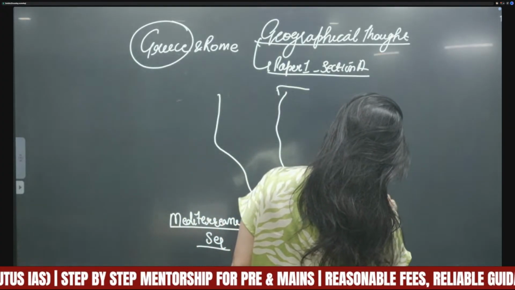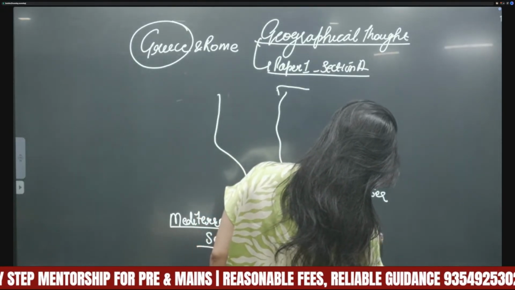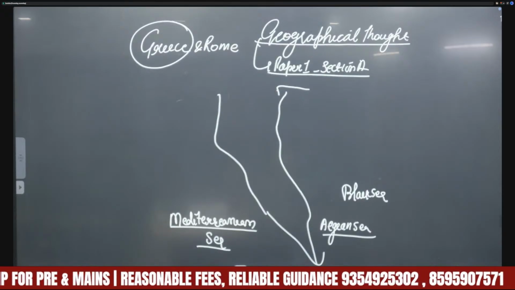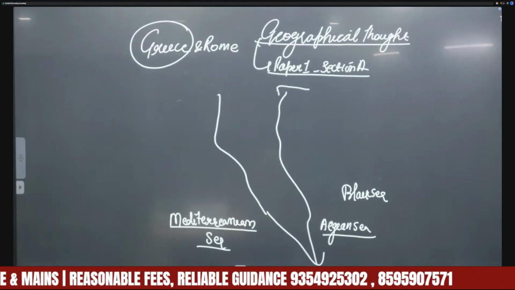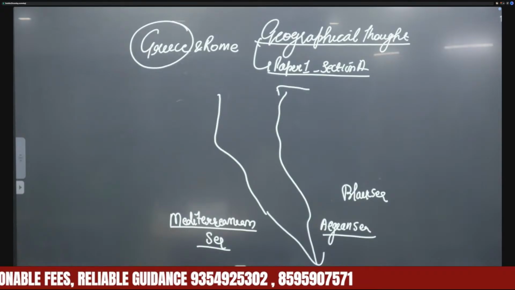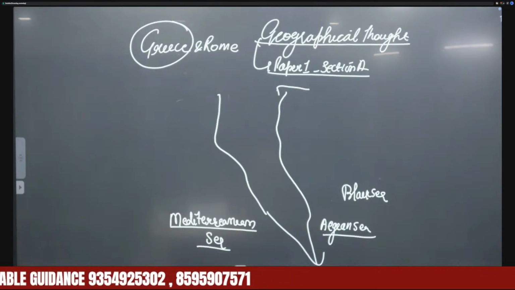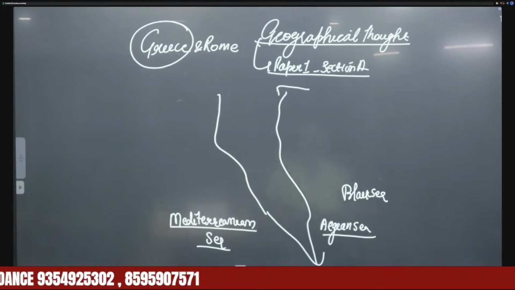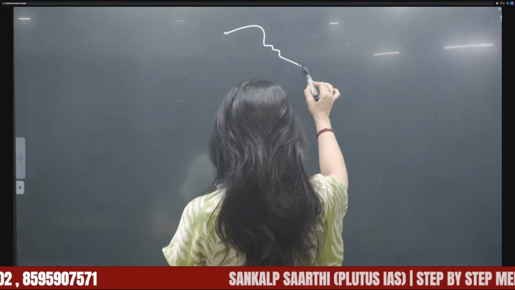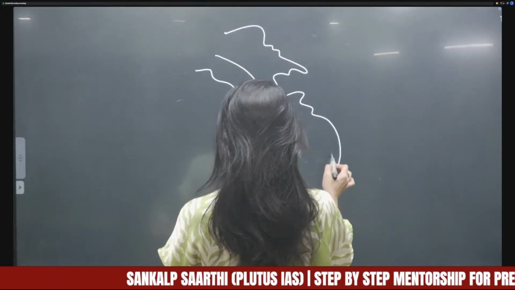Then there is a very prominent one that you missed: the Aegean Sea. Just look into your maps. Any atlas that you're carrying, you can also refer to that.